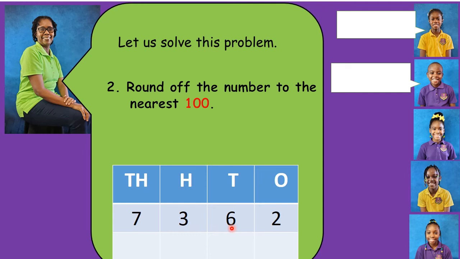And what do we see over there? We are seeing the digit 6. Is this digit 4 or less, or is it 5 or more? All right, so you are saying it is 5 or more. So because it is 5 or more, we are going to round up. Awesome job. We are going to round up. And how do we round up again?